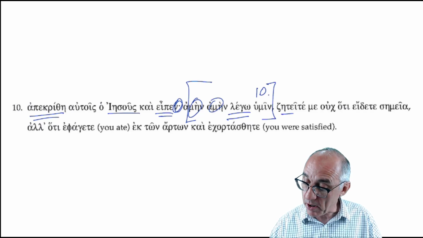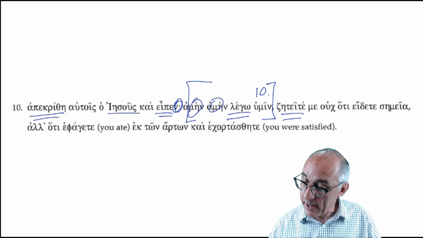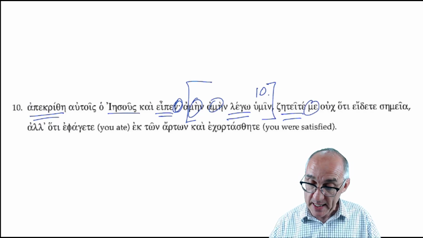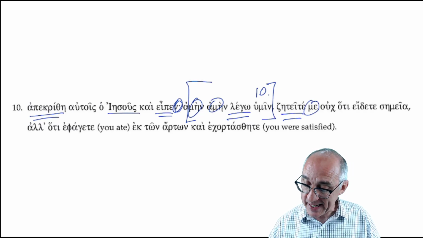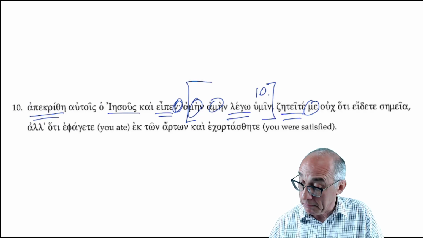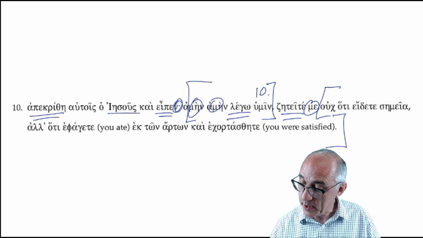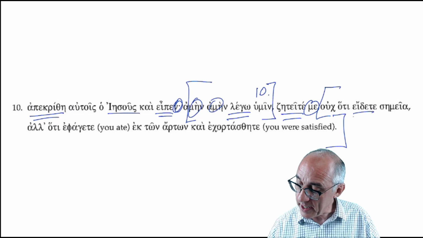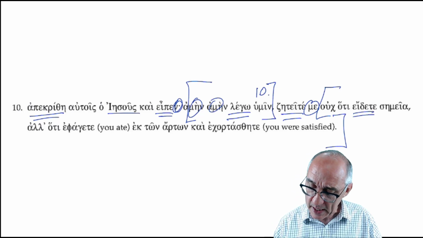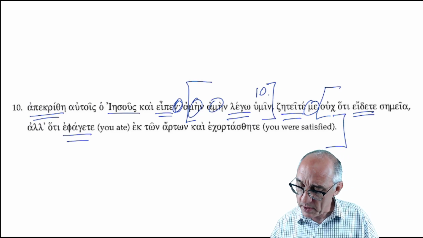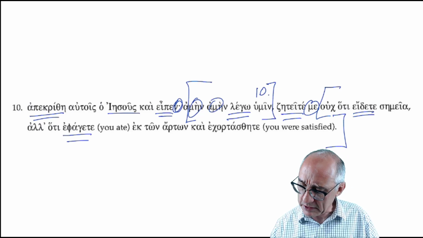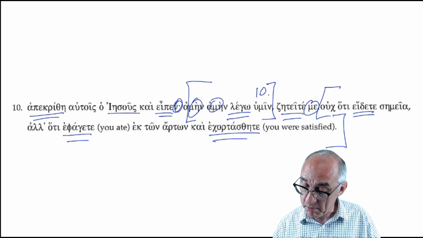We have a verb here. And a direct object. And then we have something set off here. I'm not sure. Ook, not. And another verb. And another verb. And another verb.